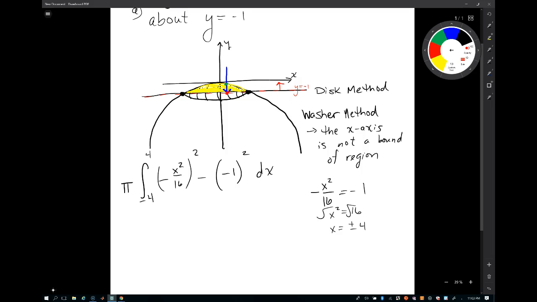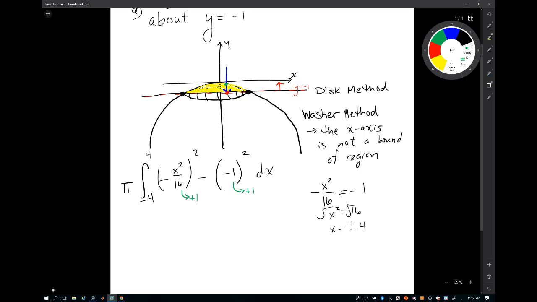So if you look at where y equals negative 1 is and where the x-axis is, in order for them to line up, I would have to move y equals negative 1 up 1 unit. And I'm allowed to do that as long as I do it to everything. So this current axis of revolution needs to be moved up 1 to line up with the x-axis. So what I do is just come in here and say plus 1. That will shift it up 1.